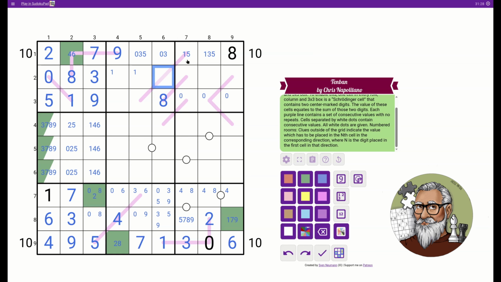Right. I do need a 4 here, not sure how that helps, but I do need a 4. Oh, and a 2.